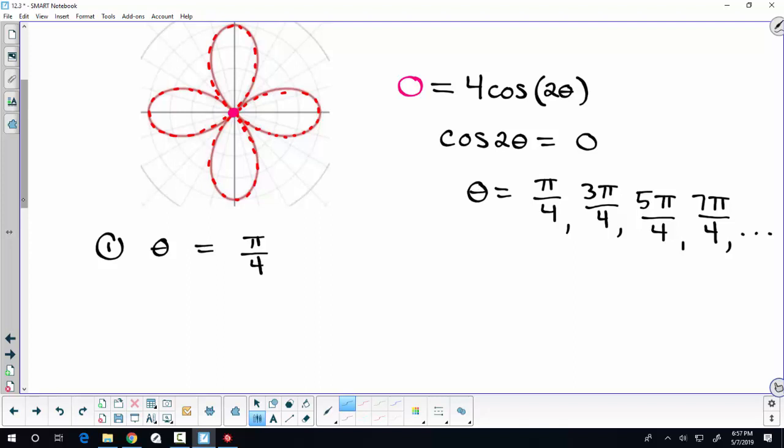If we say that's an equation, theta equals pi over 4, what is that? The tangent line is that top portion right here? Do y'all agree?